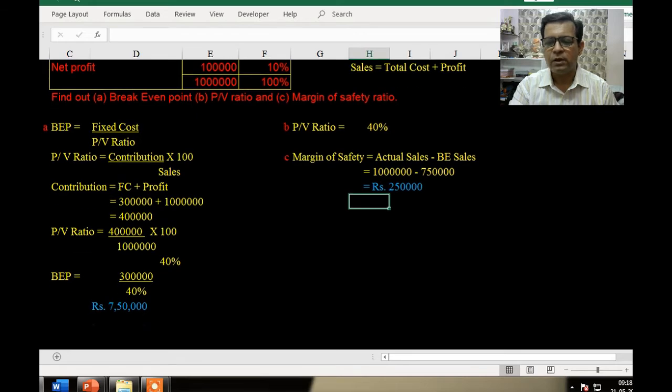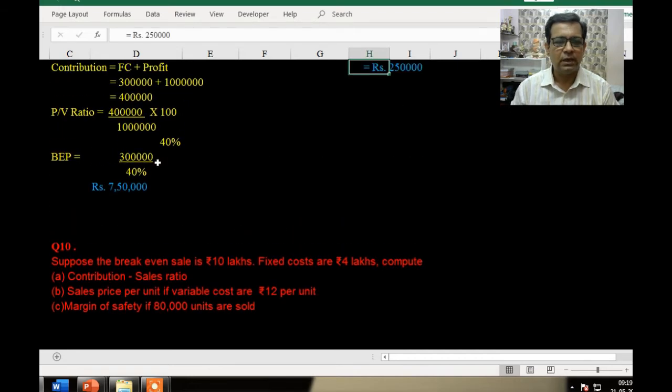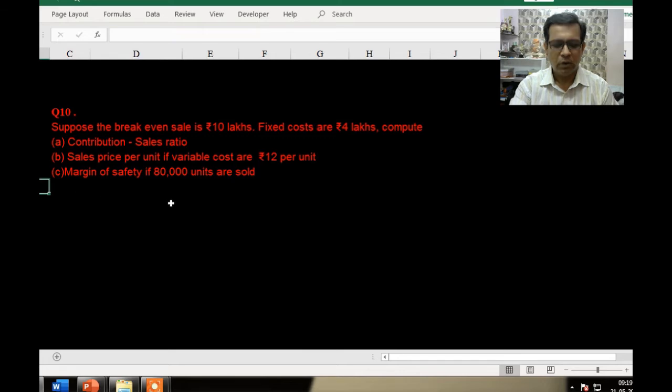Okay, now time for us to move to the next question, which is question number 10, which says suppose the BE sales is 10 lakh, fixed cost are 4 lakh, compute. Now we again have to do exactly what we have done earlier. First let's write the basic. At BE sales, profit is 0.